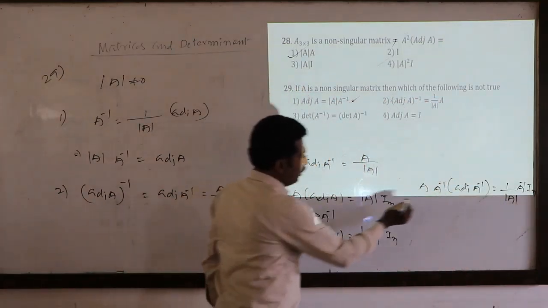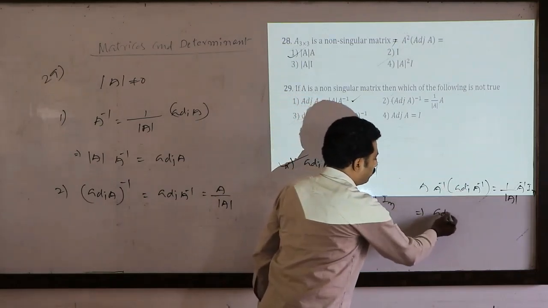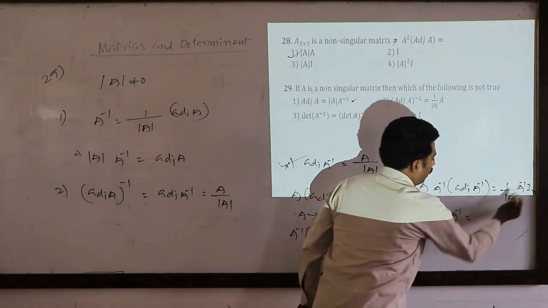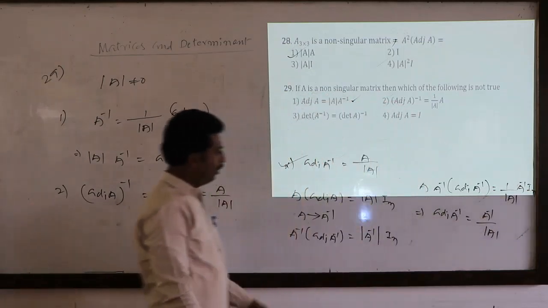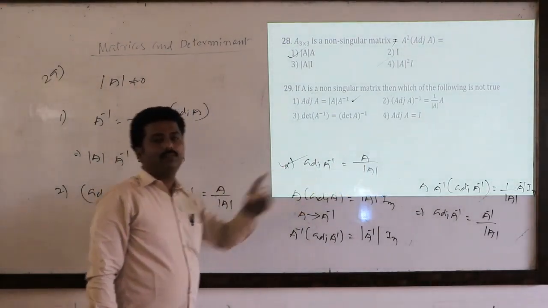So from this, A inverse means identity into adjoint, so adjoint of A inverse equals I A inverse only, divided by determinant of A. So adjoint of A inverse equals A divided by determinant of A.